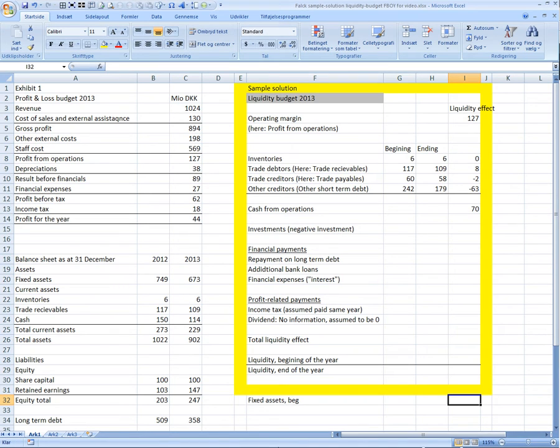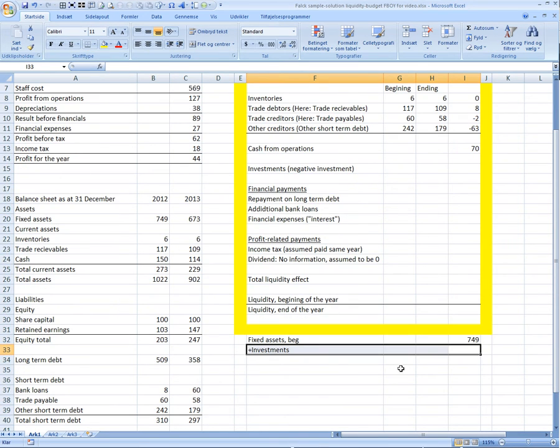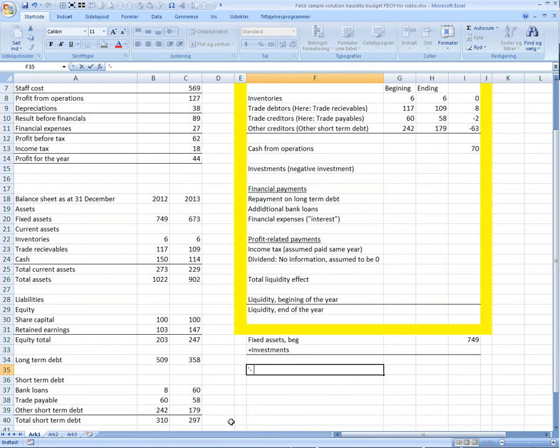Fixed assets at the beginning of the year is so much, plus investments that we don't know about. So we take a total of this. Basically, we add these two together. We get a total, and then we would say minus depreciations.